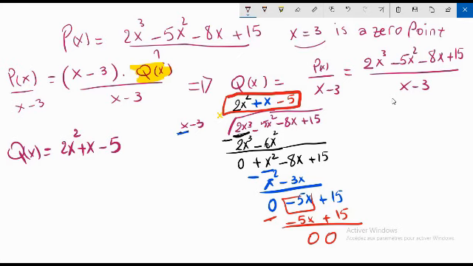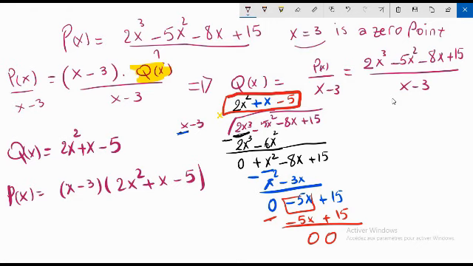Now how to write the new form of p(x)? I've told you that p(x) is equal to x minus 3 times q(x). So you may write here p(x) is equal to x minus 3 times 2x squared plus x minus 5.